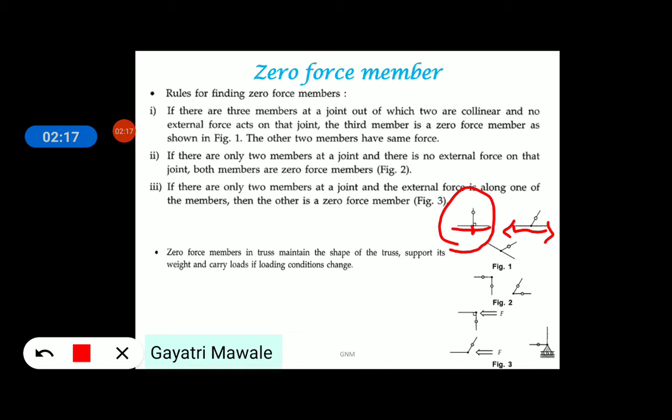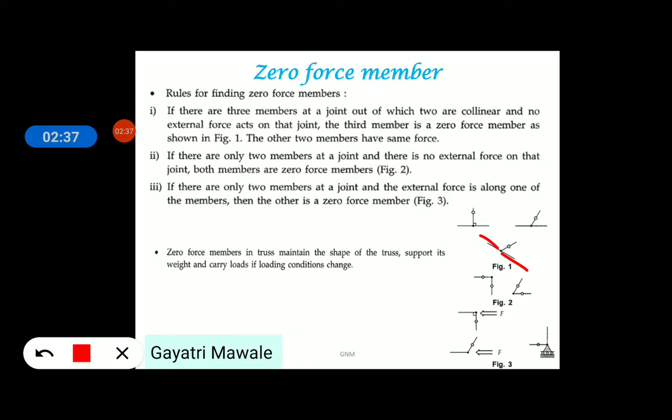In the next figure also, these are the two forces which are collinear. No external force is acting here, so the third member should carry zero force.